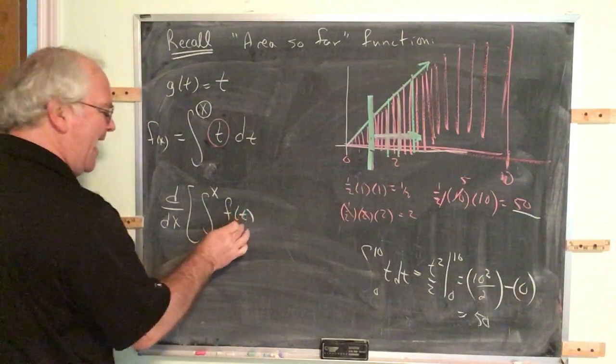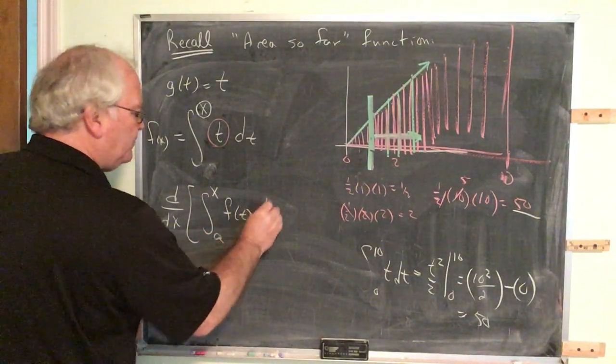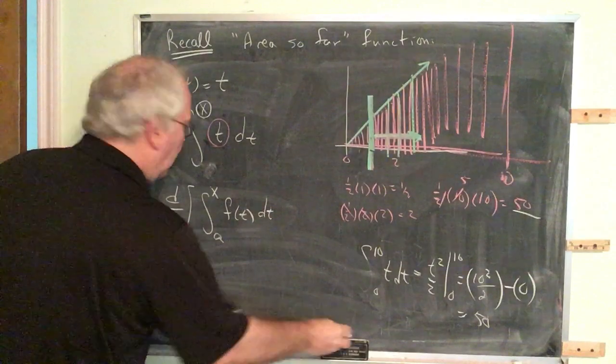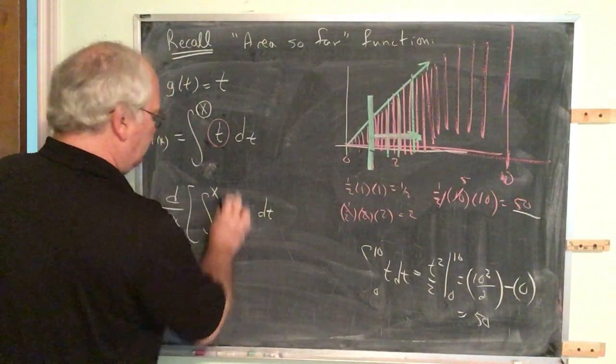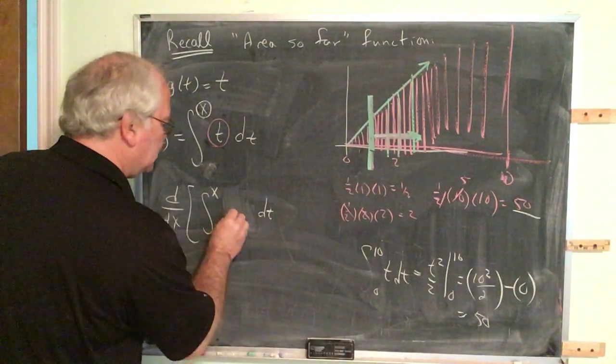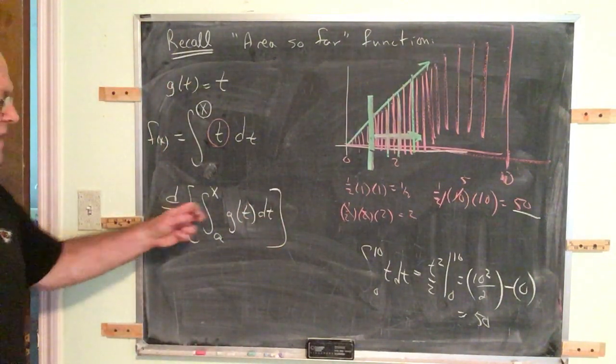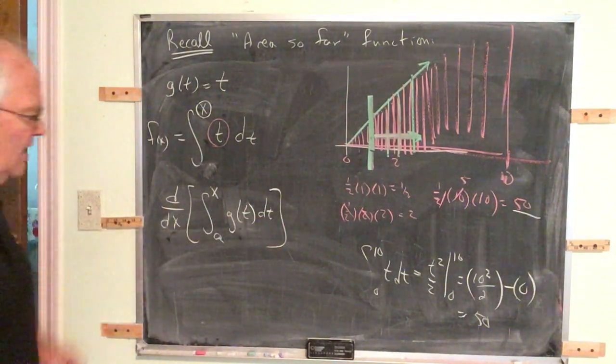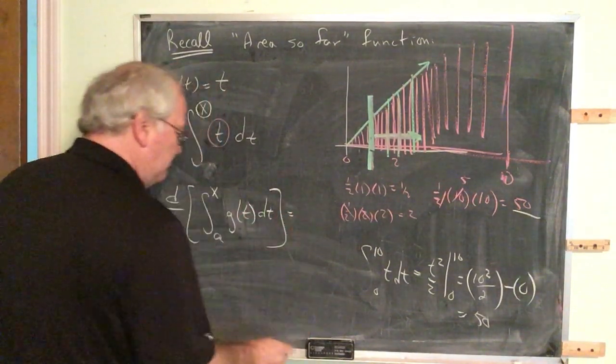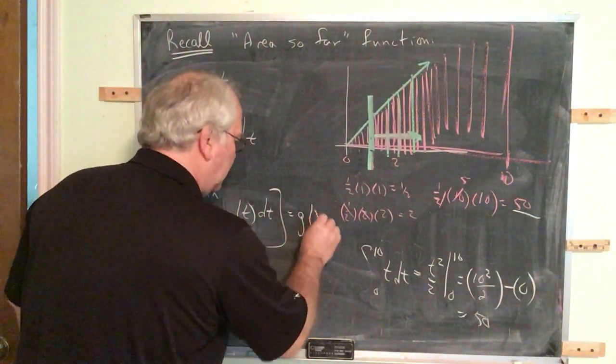This is allowed to be any function. I'll call this g of t, since I'm going to use f twice. This is allowed to be any function. The derivative of an area so far function with respect to x is given by g of x.